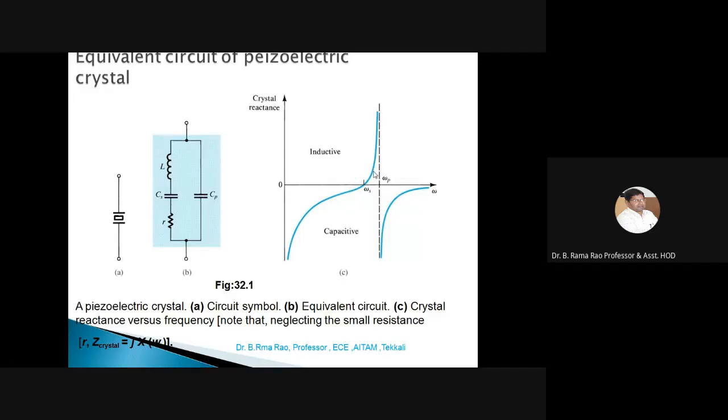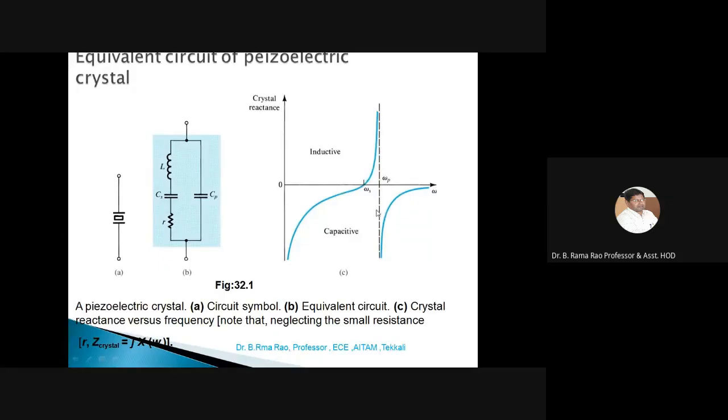Up to this, the crystal is capacitive. Above the parallel resonant frequency, it exhibits inductive nature.